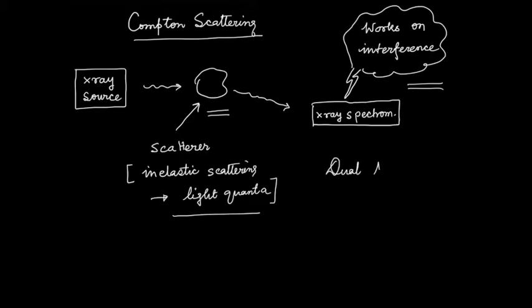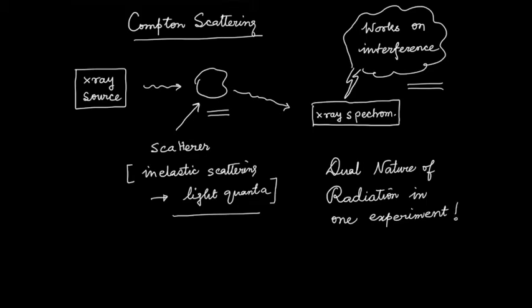Compton scattering already is showing dual nature of radiation in one experiment. To be more precise, it's two different parts of the same experiment, but at least within the setup, you see the dual nature of the radiation.